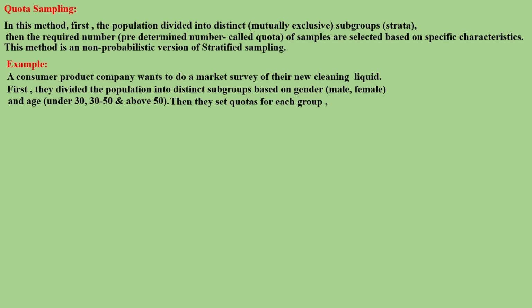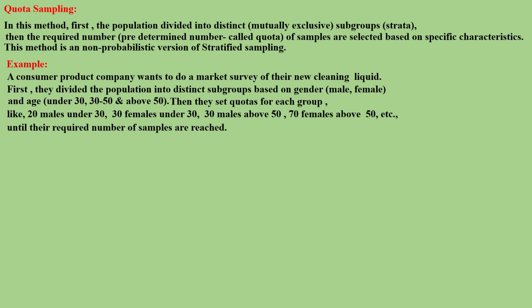Then they set quotas for each group. So under 30 I need some people, 20 males from under 30, 30 females from under 30. So we are fixing a number. 30 males above 50, 70 females above 50, etc., until the required number of samples is reached.